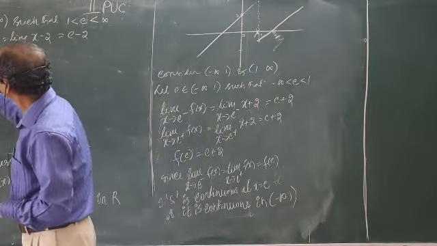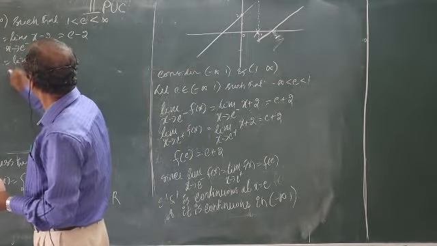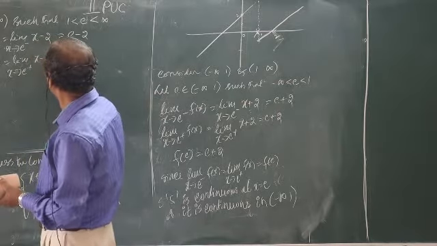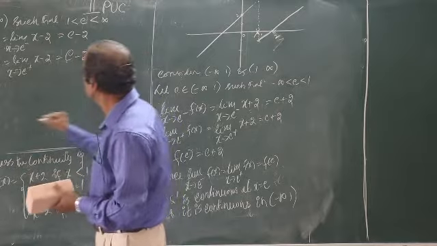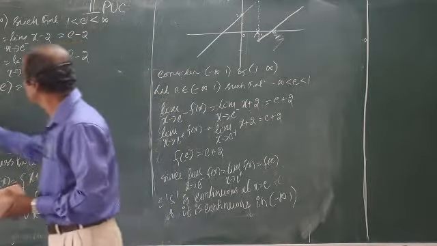Limit x tending to C plus f of x, once again x minus 2, and it is C minus 2. Finally, f of C is C minus 2.